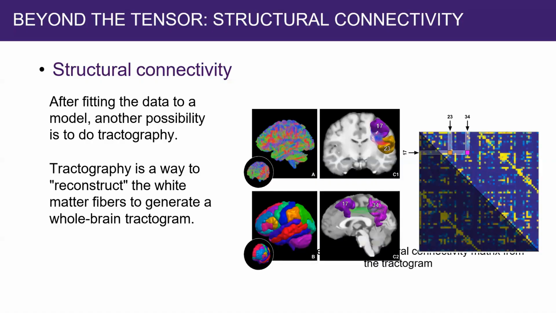So mainly it could be represented in this correlation matrix. For example, you can see the connection between the 17th and the 33rd, or between the 17th and the 34th, and you can evaluate the connectivity within these main structures.